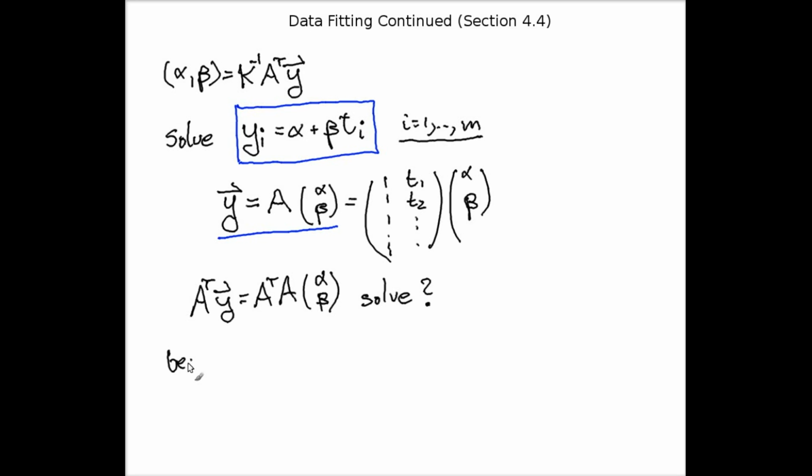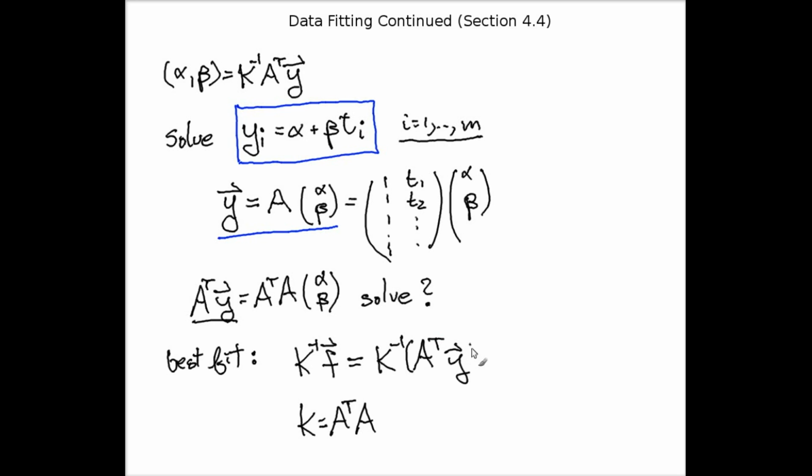But the best fit is now just this formula, K inverse F, in the terminology that we've been using before, where K is this matrix A transpose A, and F is this thing over here, A transpose Y. And that's all there is to it. That's pretty much a complete derivation of that formula. And the key step is recognizing that you can write this collection of equalities as a single vector equation like this.